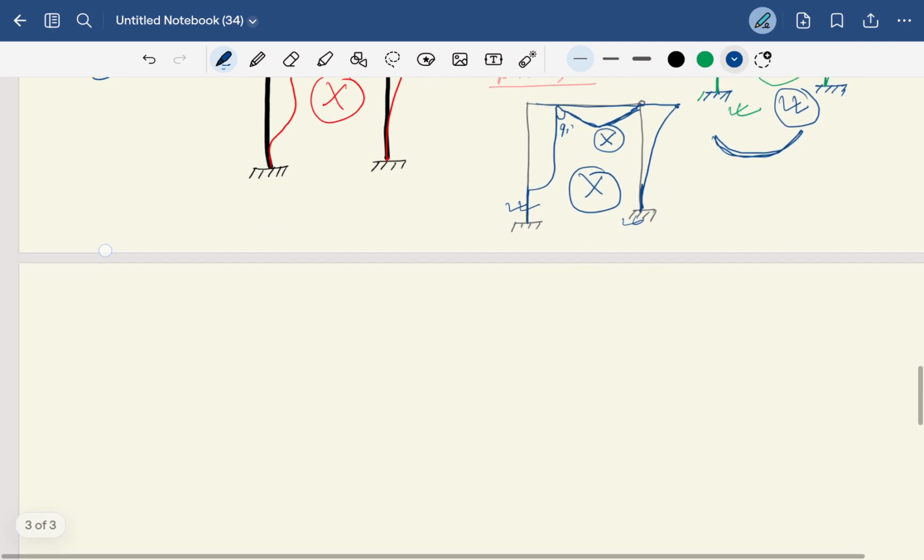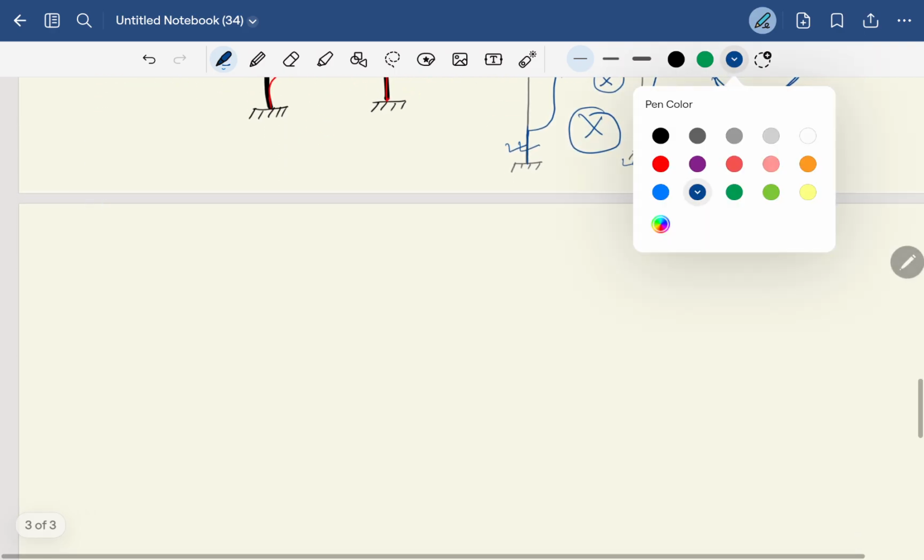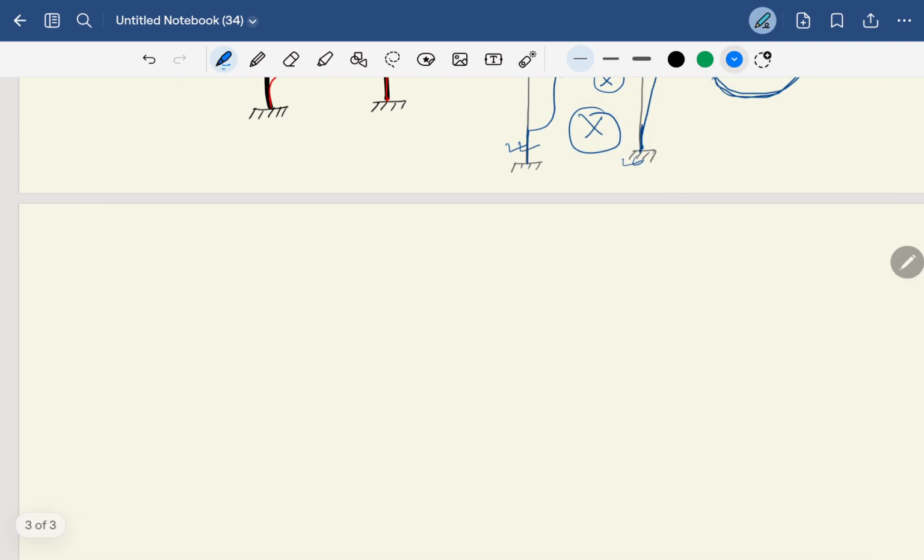Now we'll see how we draw the bending moment diagram of this portal frame. So this is the internal pin, and here we are providing the fixed support at both ends and one lateral load, understand. Now we have to draw the bending moment diagram. In this case it is very simple.